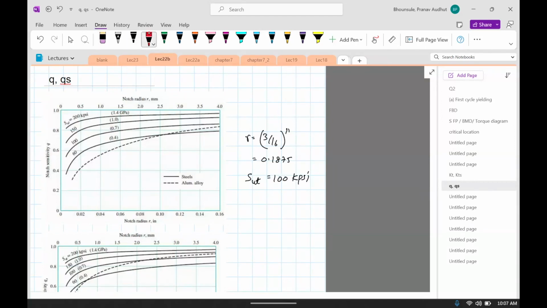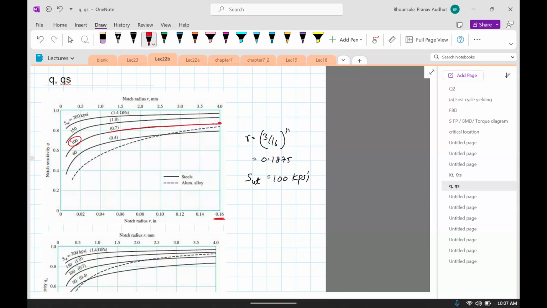Now we can compute Q and Qs. So 100 kpsi is here, and then 0.1875 looks like it's off the chart. But what we can see here is that this line is asymptotic, so it sort of becomes flat.